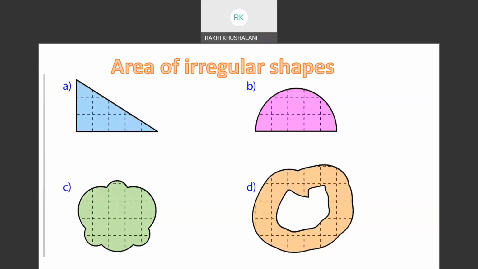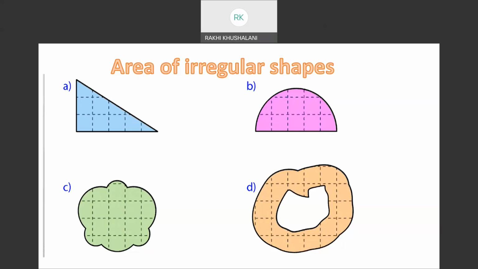Morning, children. So here we are with our next topic on area and perimeter, that is area of irregular shapes. If you'll remember in my last video and live sessions, we have been discussing the perimeter and the area of regular shapes by counting the number of sides, adding them gives the perimeter, and counting the number of squares inside the shape gives you the area of that particular shape.